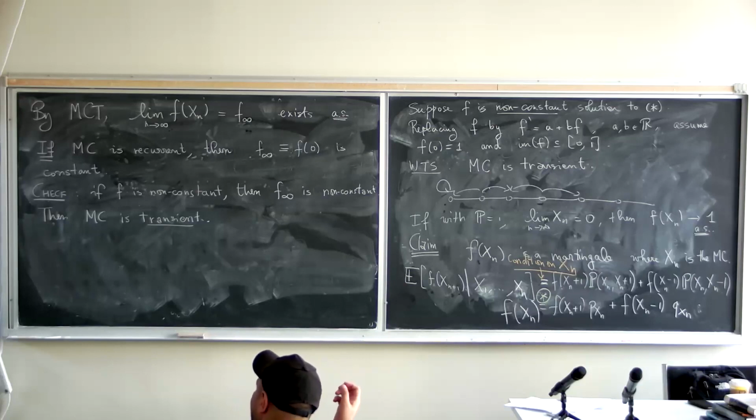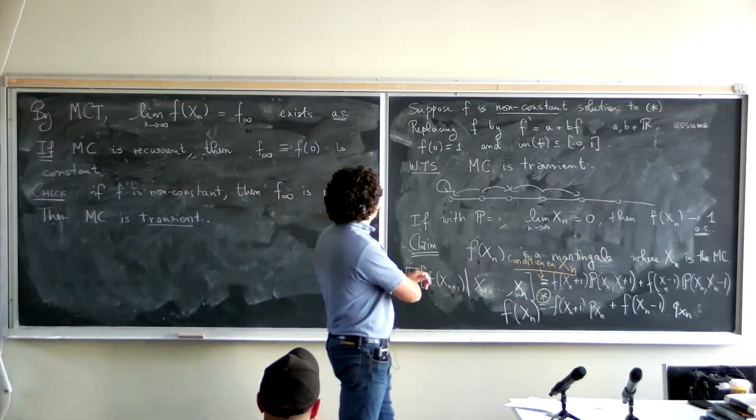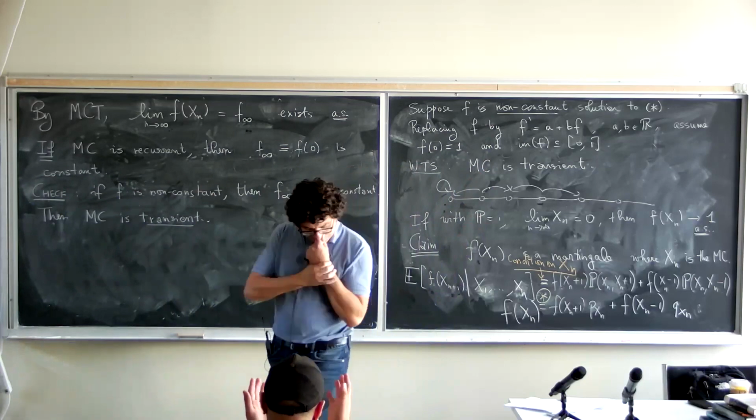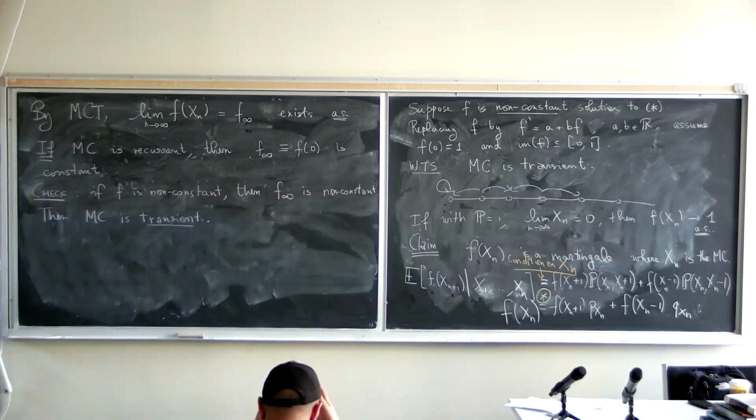So if the probability that you visit 0 is a harmonic function, is there some sort of a converse of this statement, that if you have a harmonic function, then you can think of it as the probability that you visit certain points?